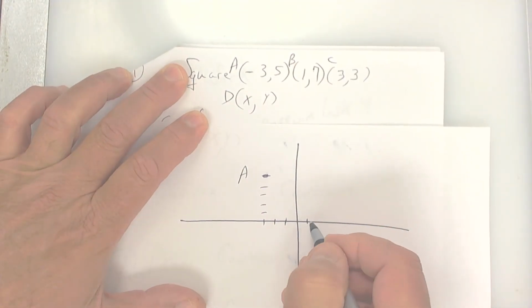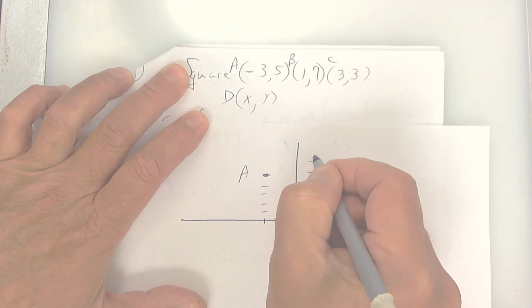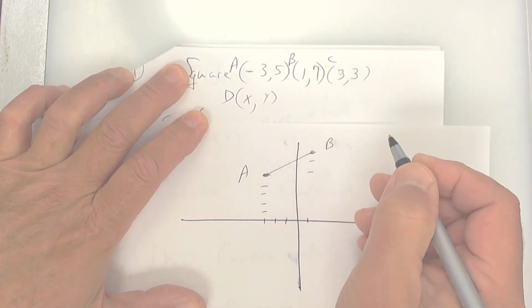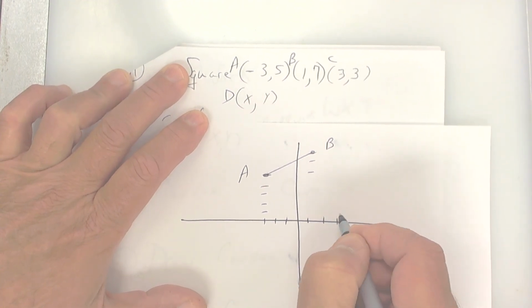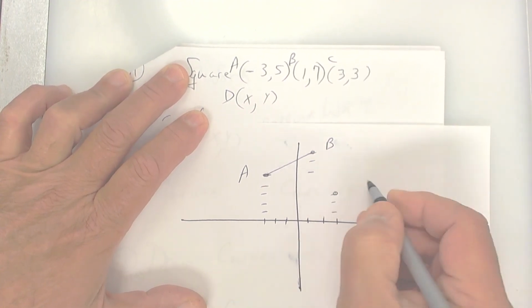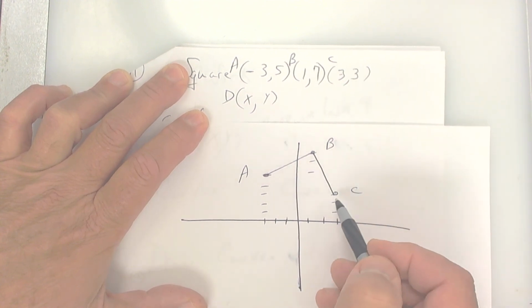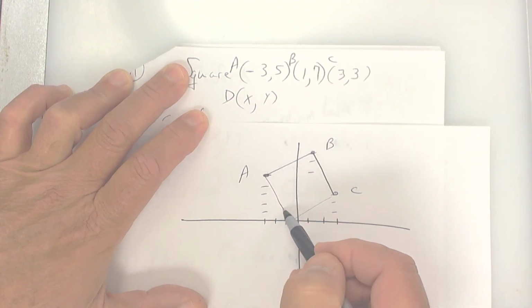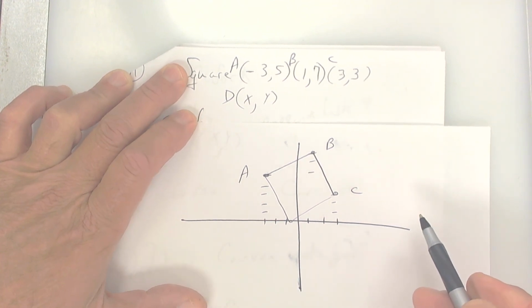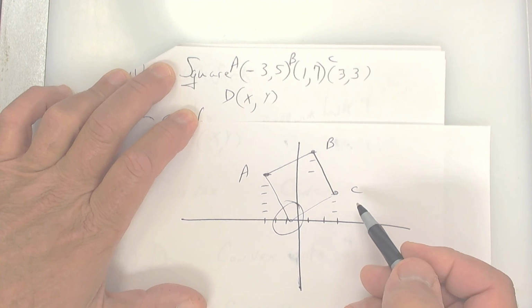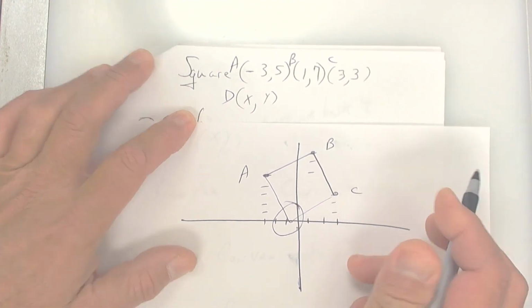So over 1, up 7, 5, 6, 7, B. And then C is over 3, up 3, and that's C. And it's a square. So your other point should be somewhere right here. Okay. And since we're using freehand, it's going to be hard to tell. But at least you know where it's at.